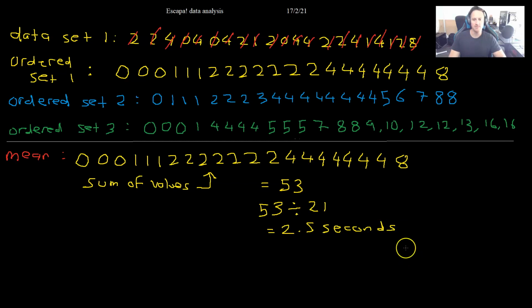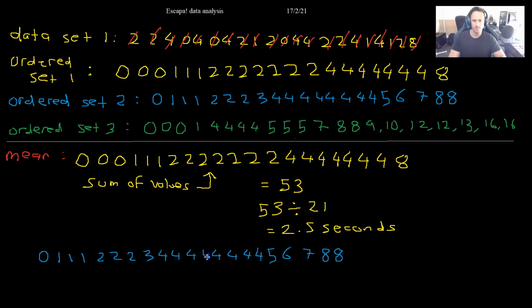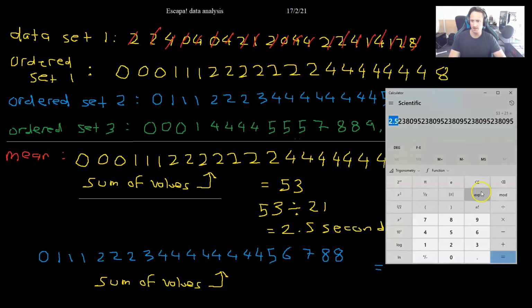So I'm going to be doing the same thing for data set 2 and data set 3. So data set 2, grab that. And the sum of the values. So we'll grab the sum of the values, go to my calculator again.